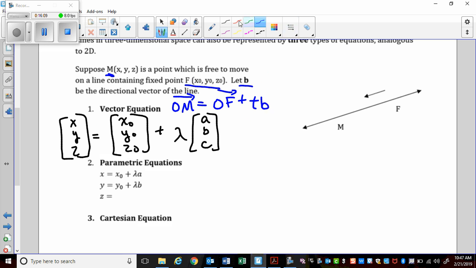So this is our equation also. Remember, this is the point on the line. This is our initial point. And this is the directional vector still.